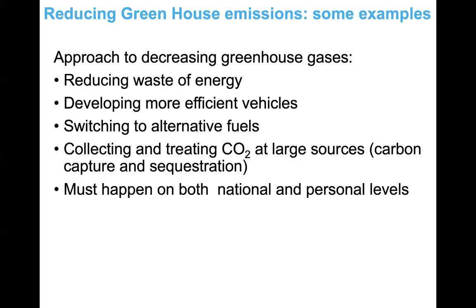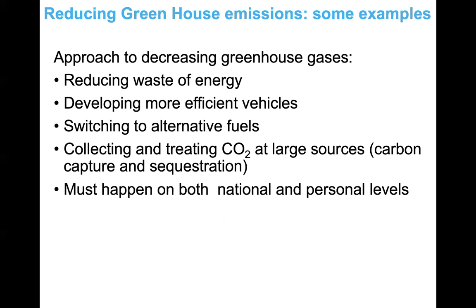So, reducing greenhouse emissions, some examples. The approach to decrease greenhouse gases would be, for example, to reduce waste of energy, developing more efficient vehicles, like instead of using vehicles that use gas that emits CO2, it's better to have other vehicles that are more efficient and do not pollute the environment.